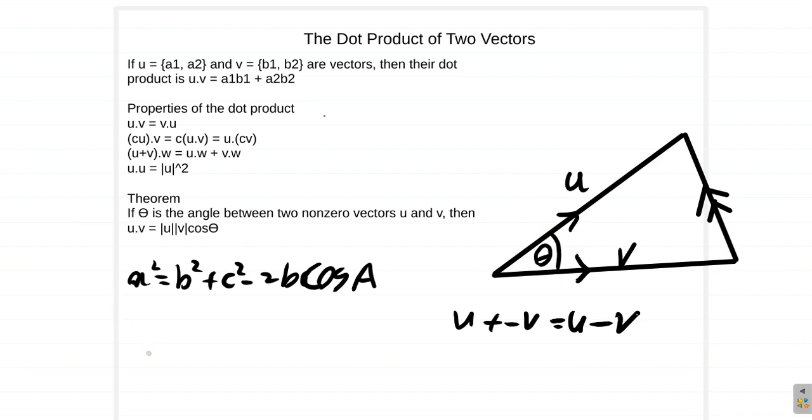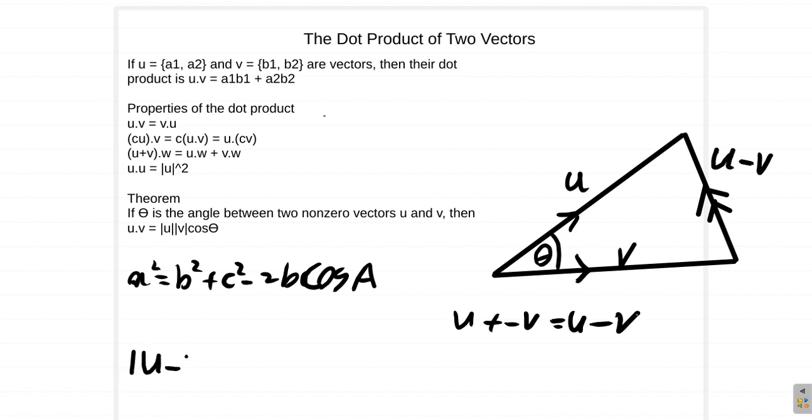Remember that. Now, here this vector is u plus negative v, which is u minus v. We're just examining this theorem and looking closely at it.